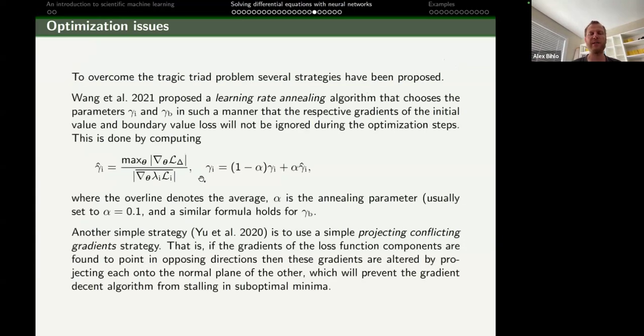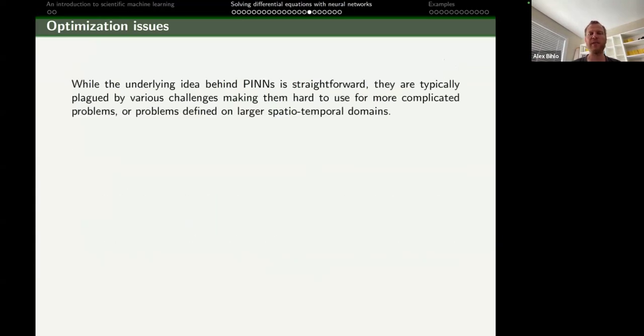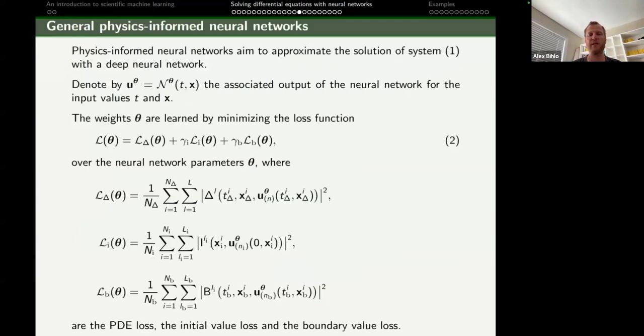And I also want to point out, yes, you can also do this for PDEs. So for PDEs, you can then get rid of the initial and the boundary loss. But if you have a system of differential equations, unfortunately, you always have to deal with a multitask optimization problem. Because if you have a system of two equations, you cannot get rid of these two loss contributions anymore.